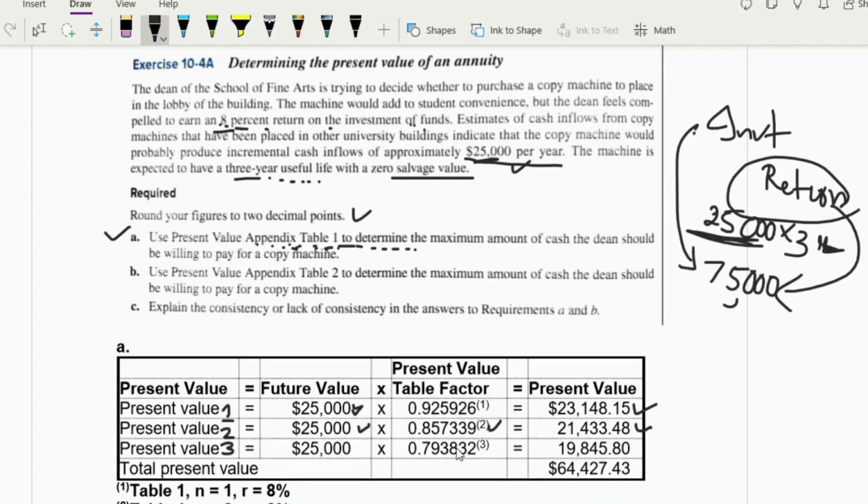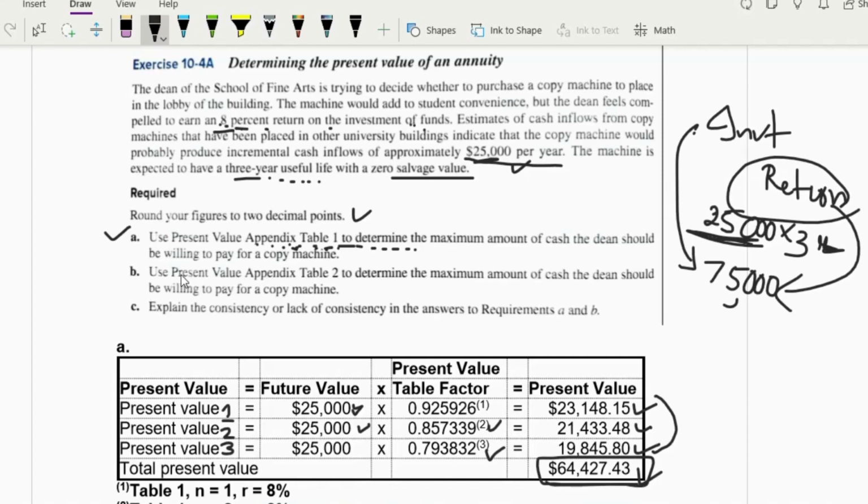And for the third year, I need the factor for 3 years, and 8% is the rate, and this is the present value. So when I add all of them, that comes to 64,427.43. So it means that the dean should not invest more than 64,000 in purchasing this machine. He should invest less than 64,000, otherwise he will be at a loss.